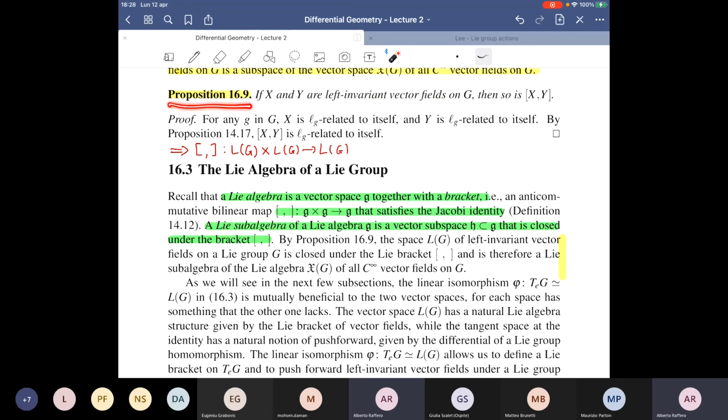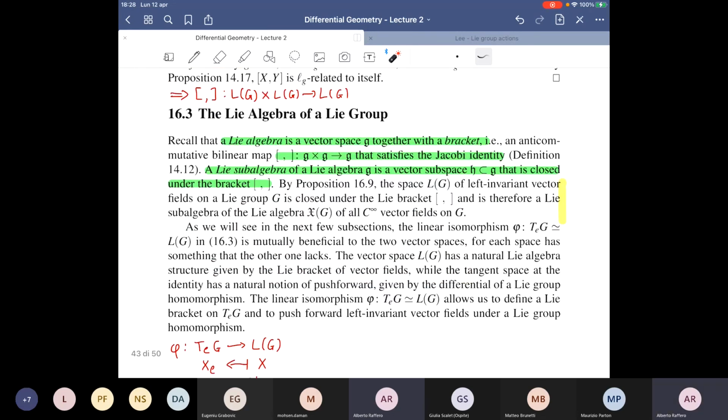Now, this proposition 16.9, together with the definition of left invariant vector fields, tells us that the space of left invariant vector fields on a Lie group is closed under the bracket, and moreover, it is a Lie subalgebra of the Lie algebra of all smooth vector fields on the manifold. This is precisely what we call the Lie algebra of the Lie group. So this is the way in which we define a Lie algebra out of a Lie group.